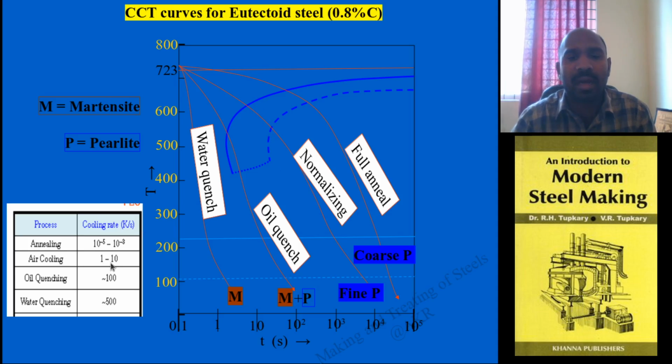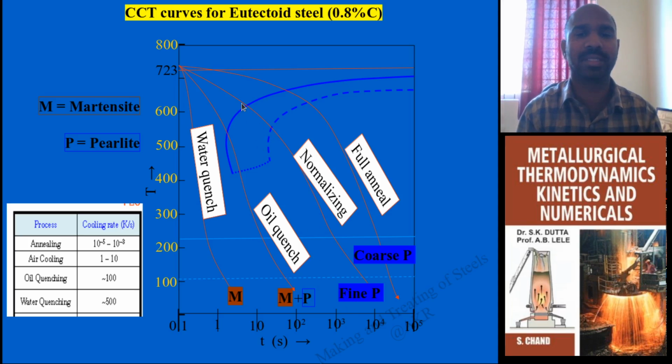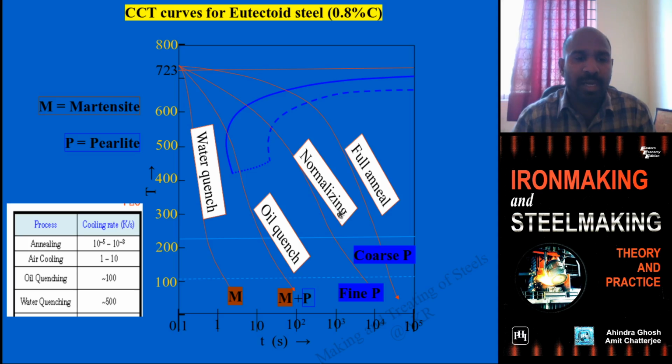If you do air cooling, with this particular time interval, pearlite starting, pearlite finishing, this much amount of pearlite is formed. It is fine pearlite, which is called the normalizing process, one of the heat treatment processes, the air cooling process.